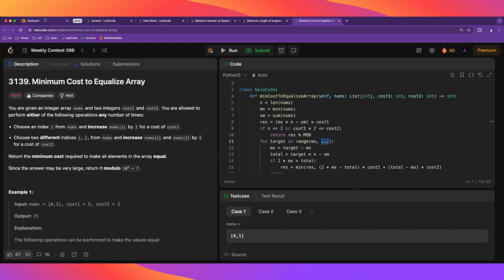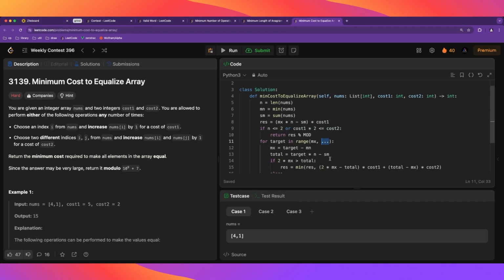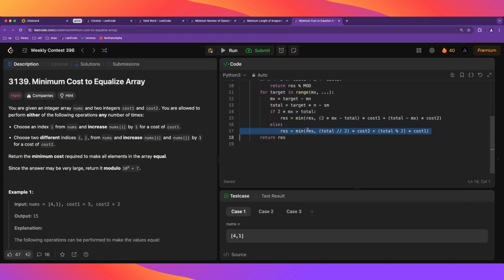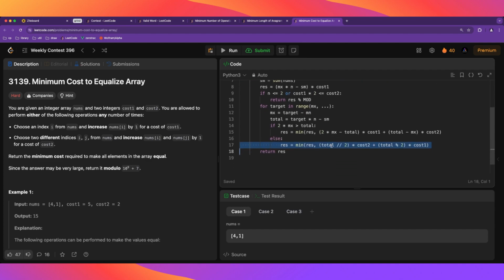So now we have to work out this part here. Notice that once we get to this case, when we increment the target, since the number of elements is greater than 2, we are incrementing the total more than we are incrementing the maximum, right?